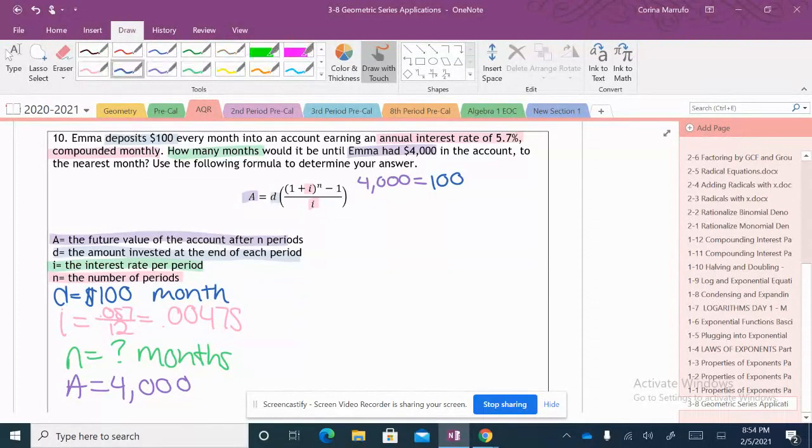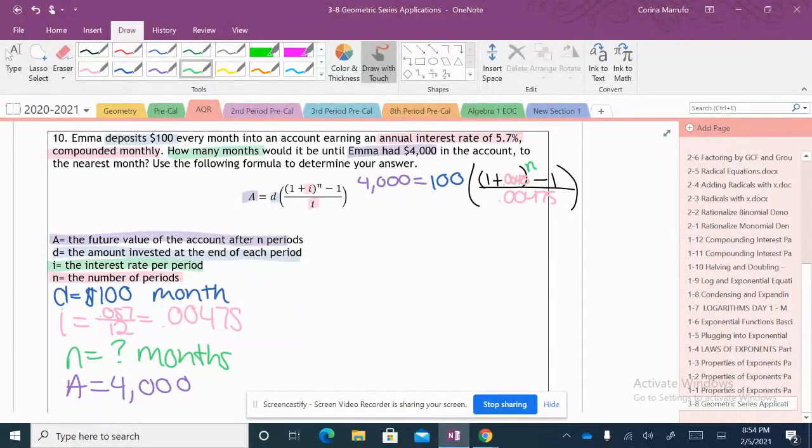I'm going to go ahead and do the part in the parentheses. This part is 1 plus, out here is minus 1. Okay, and so I said my interest rate is going to be 0.00475. And then the n, we don't know what it is. That's what we're looking for. So this is to the power of n.